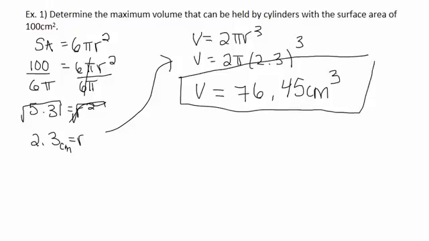Moving on to another example, determine the minimum surface area required to contain 500 centimeters cubed in a cylinder. So let's use our volume formula from above, plug in this value for volume and solve for r. Then we can plug in that value for r into our surface area formula and actually calculate the surface area. So we know from above that volume is equal to 2 pi r cubed.